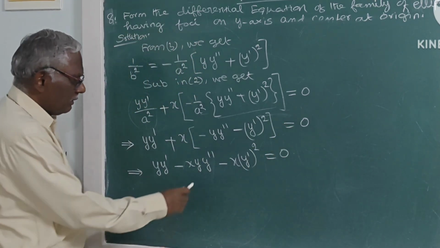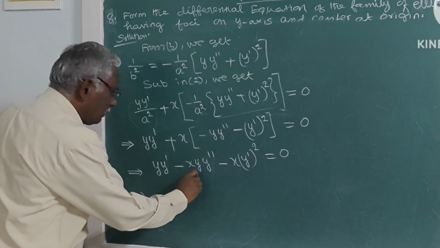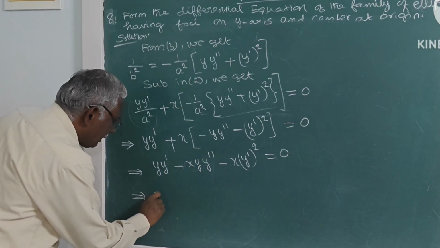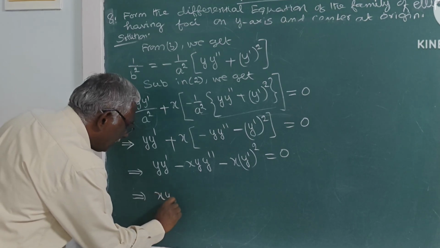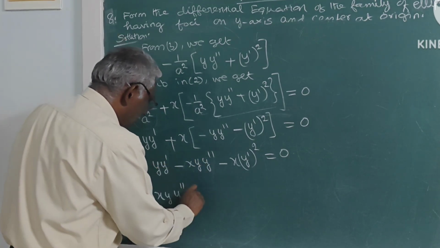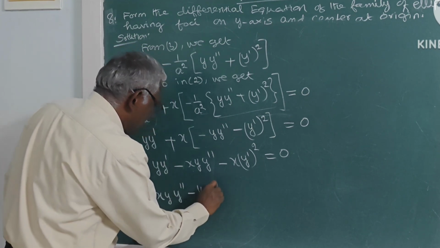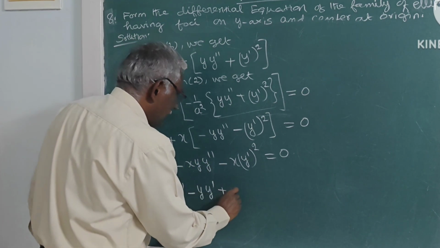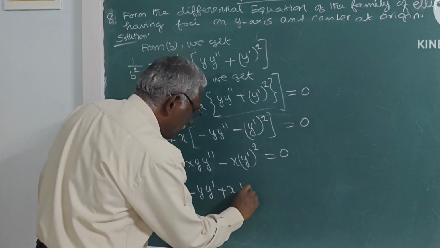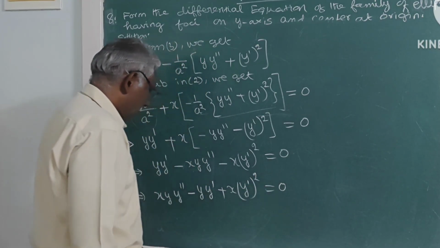Normally in the differential equation y double dash will come in the beginning, so we can write x y double dash minus y dash plus x into y dash square is equal to 0.